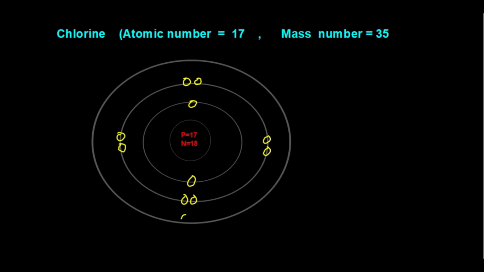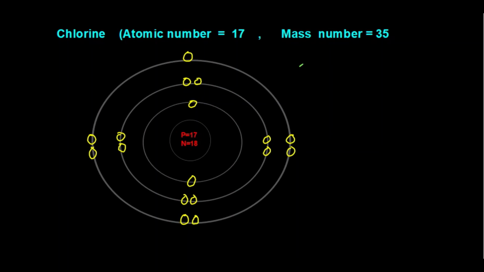Now we write the 7 electrons in the third energy level. 1, 2, 3, 4, 5, 6, 7. So here we write the position of electrons inside the chlorine atoms in different energy levels or different shells.